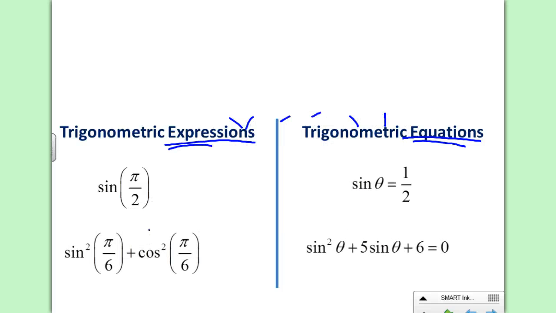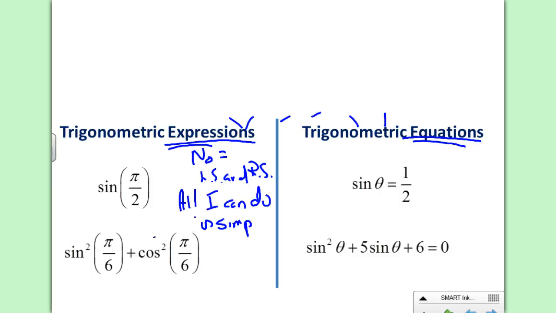What makes an expression? There is no equals. It's not a balance. It's not a left side and a right side. You just have an expression. What you can do with these is all I can do is simplify.